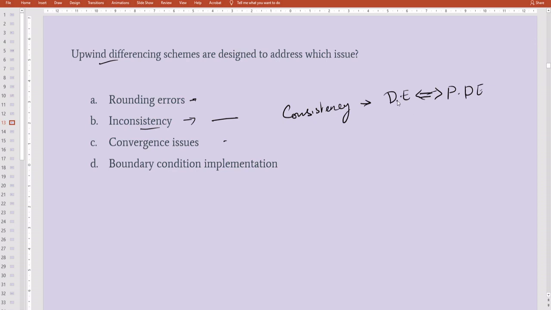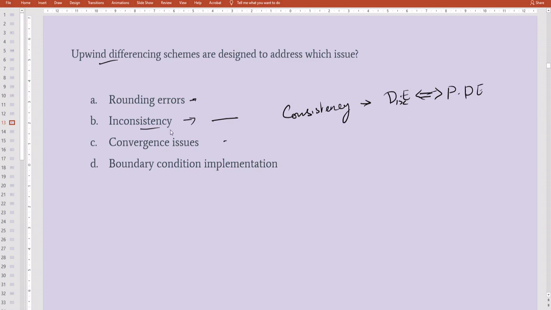That is what consistency is. So inconsistency means our discretized equation will be in less agreement with the partial differential equation.